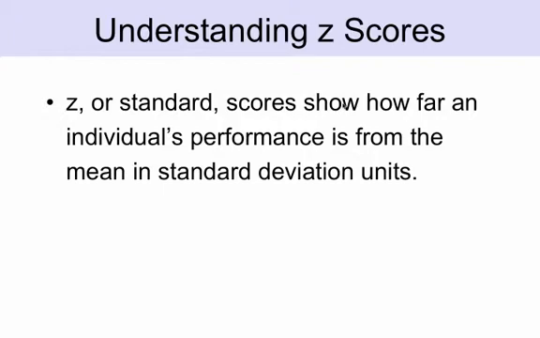So we're already very familiar with the idea of computing a deviation score, which is an individual's raw score minus the mean. So we understand that, but we're going to then divide that number by the standard deviation, which we've already computed.